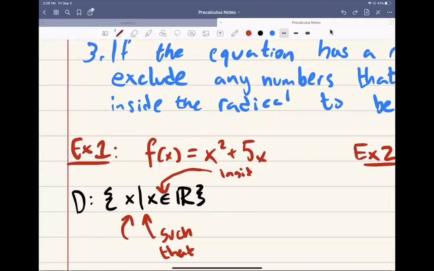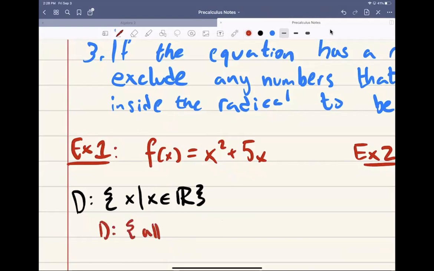So I write it like this, and you're allowed to write it like this too. The only difference is you need to know what it means. This is basically us saying the domain is all real numbers. If that's a little too complicated, you can write all real numbers, and that's fine. This is just the set notation of doing that: x such that x is in ℝ.